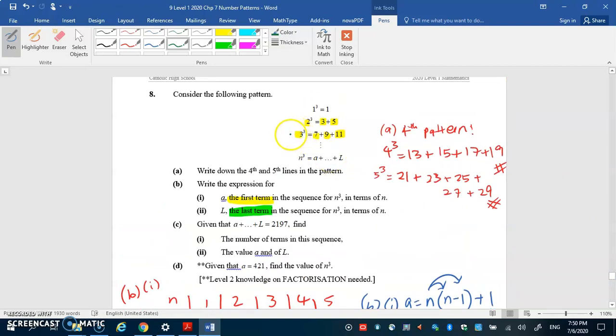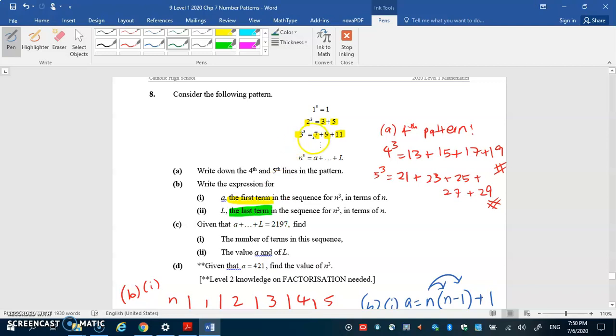So for example, for the third row, when n equals 3, 3 cubed is going to be equal to 7 plus 9 plus 11, right? So there were 3 terms and these were the consecutive odd numbers. So if I want to know the number of terms, I just need to cube root 2197.